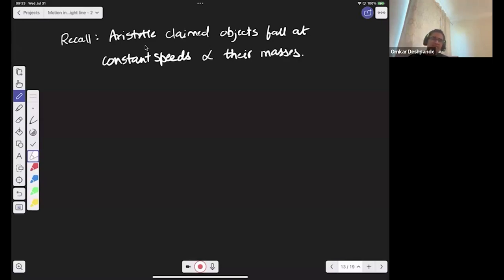This was the claim that Galileo had tried to refute by supposedly dropping two balls of very different mass from the top of the Leaning Tower of Pisa.